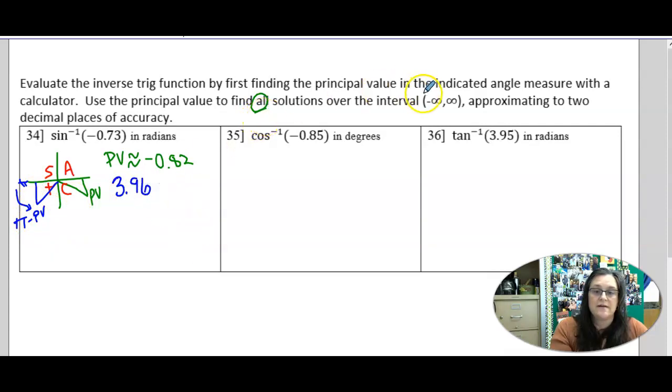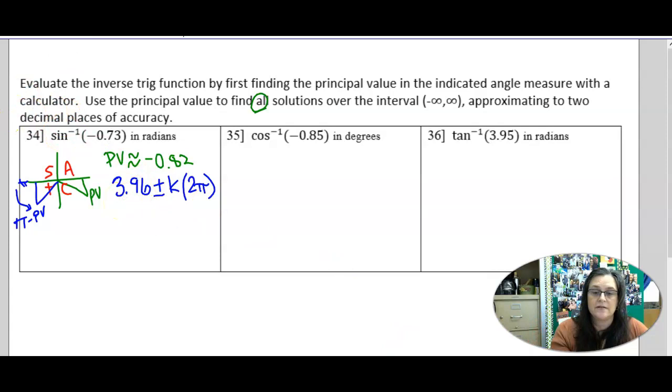And to represent all of the possible solutions, we're going to tack on plus or minus k times the period in radians, which for sine is 2 pi. So I could keep lapping around my circle over and over again in the positive or negative direction, and I'll always land here with a coterminal angle that was at 3.96.